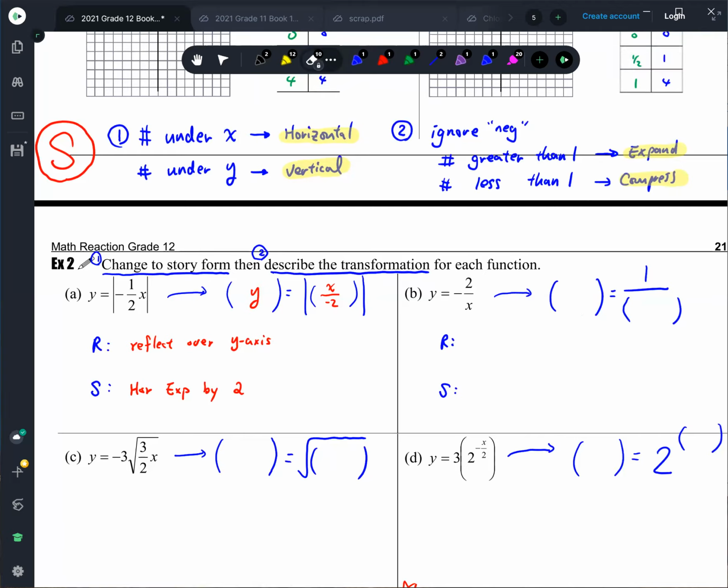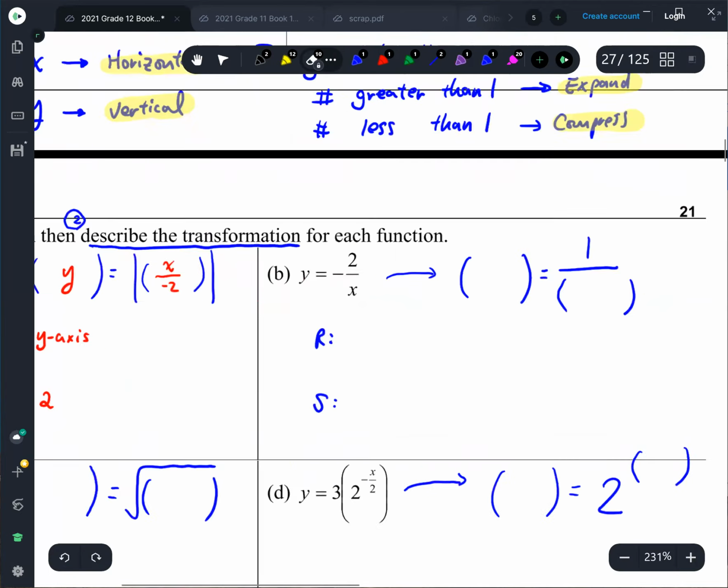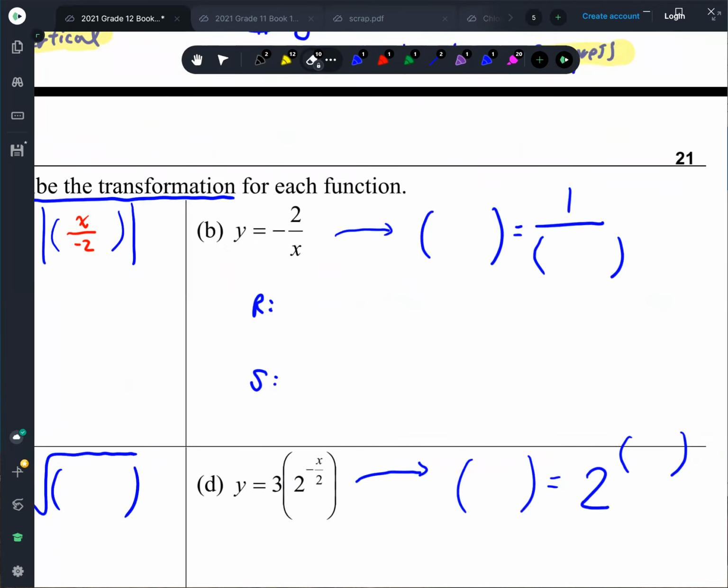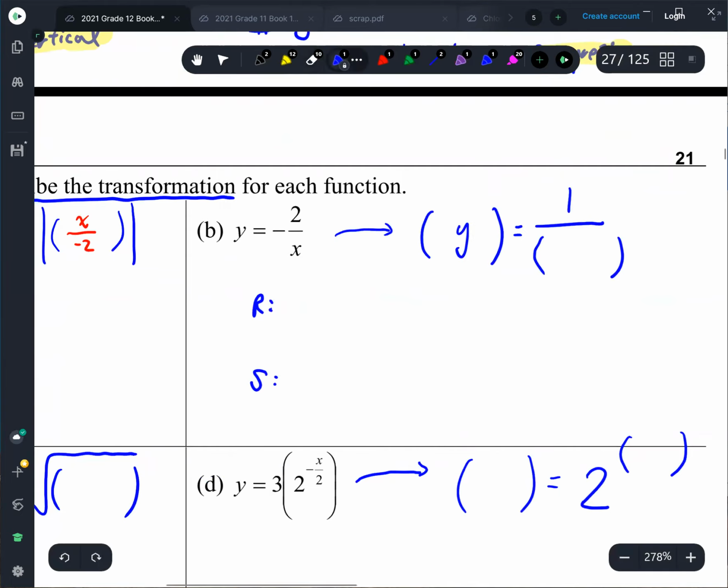So what's the difference between the question and the basic? What's the biggest difference that you see? The x is at the bottom. The basic also has x at the bottom, because the basic is y equals 1 over x.